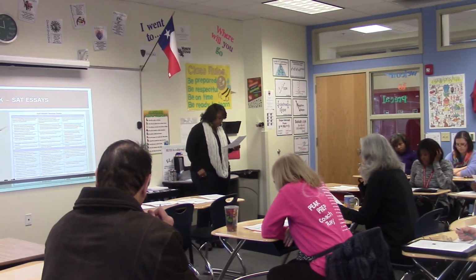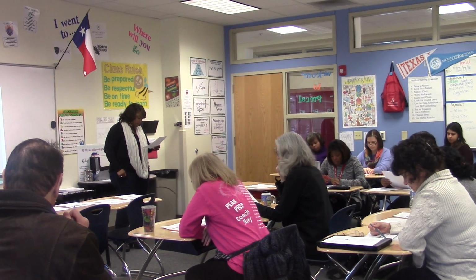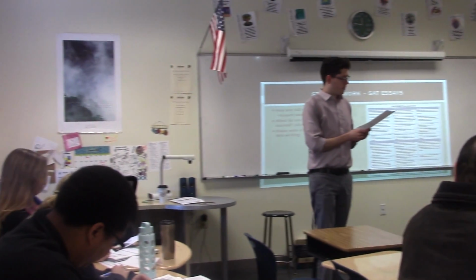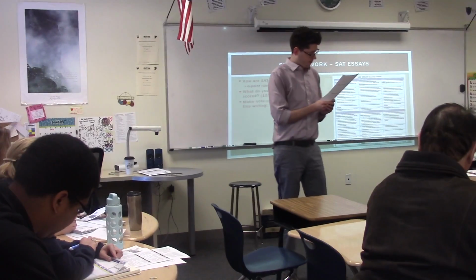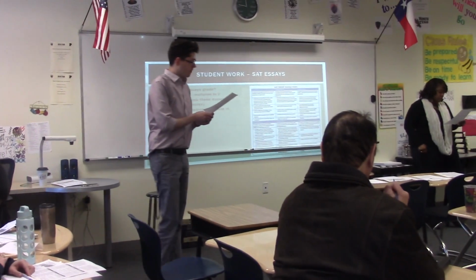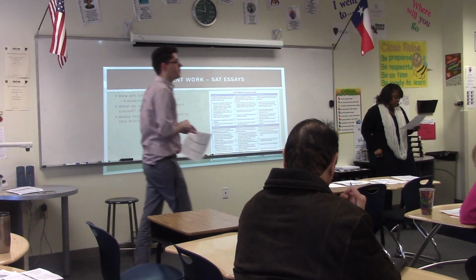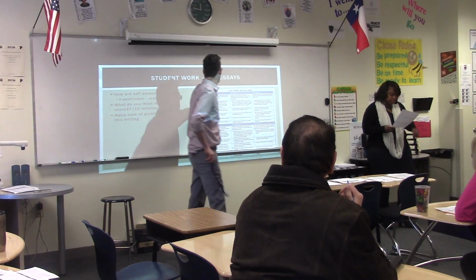Is well organized and clearly focused, demonstrating clear coherence and smooth progression of ideas. Exhibits skillful use of language using a varied, accurate, and apt vocabulary. Demonstrates meaningful variety in sentence structure. Free of errors in grammar, usage, and mechanics. Okay. That's a perfect essay.